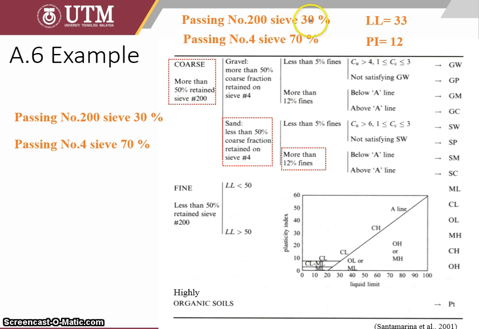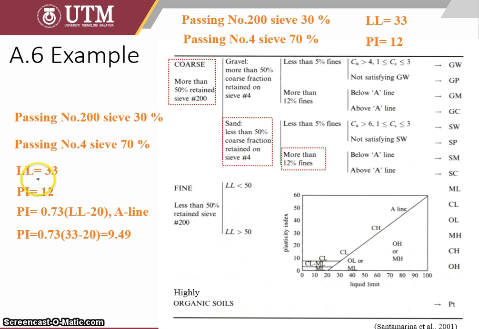Compared for the fines, it has more than 12% fines, so that's why we choose here. Then for the LL and PI, we want to check whether it is below the A line or above the A line. The A line is PI equals 0.73 times LL minus 20, so it gives 9.49.